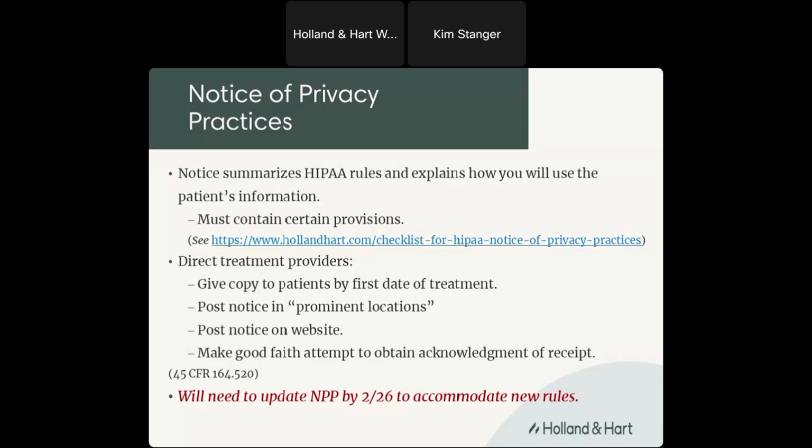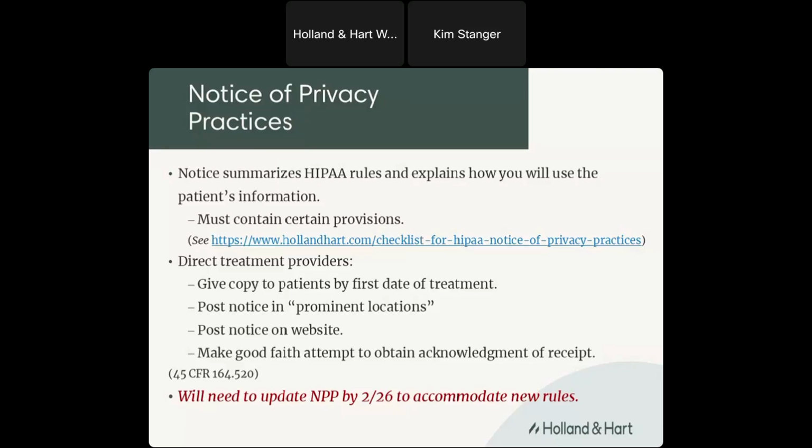When that patient comes in, you've got to make a good faith attempt to obtain the patient's acknowledgement that they received a copy of that notice of privacy practices. Now, under the proposed HIPAA rules that are pending, that good faith attempt language will go away, but in the meantime, we've got that.